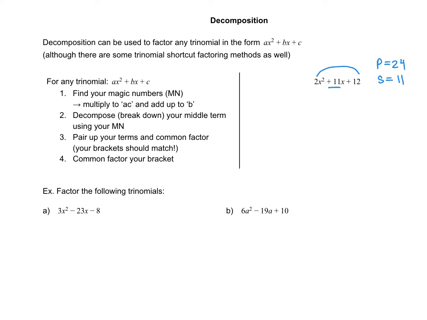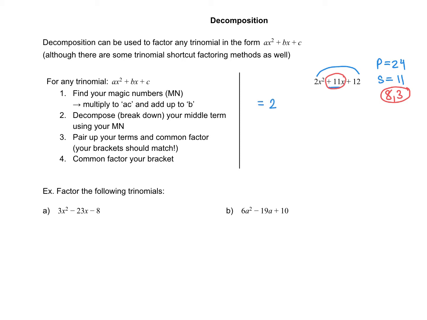Now, we have to think of those magic numbers. So in this case, 8 and 3 would be the only pair that works because 8 times 3 is 24 and 8 plus 3 is 11. Now, the method is called decomposition, so we're going to decompose this middle term into those magic numbers.